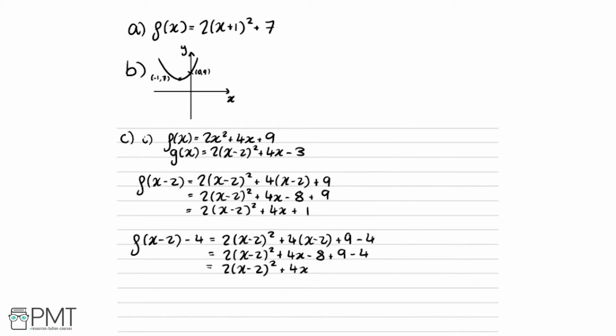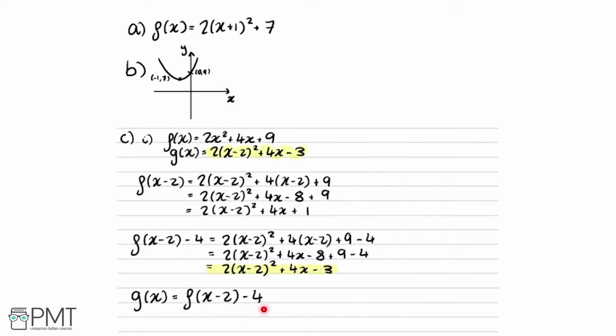And if we tidy this all up here, we get minus 3. Now that's great because actually this matches up exactly to what g of x equals. That means, writing this out a bit clearer, g of x is actually equivalent to f of (x minus 2) minus 4. So that's perfect.